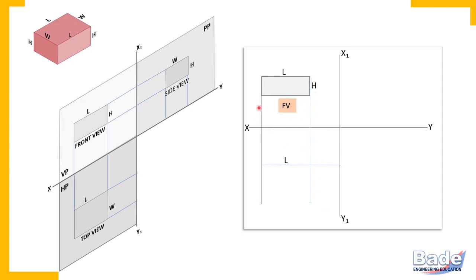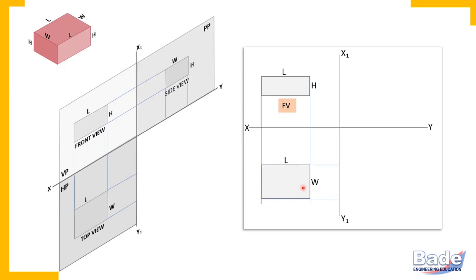These two lines are called end projectors from the extreme right end and left end of the front view. So this is how we transfer length in the top view. We measure width vertically, and this is the top view of the object.